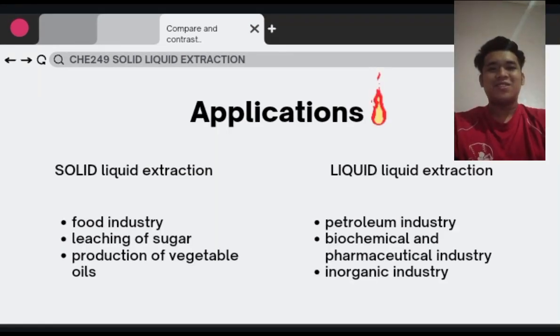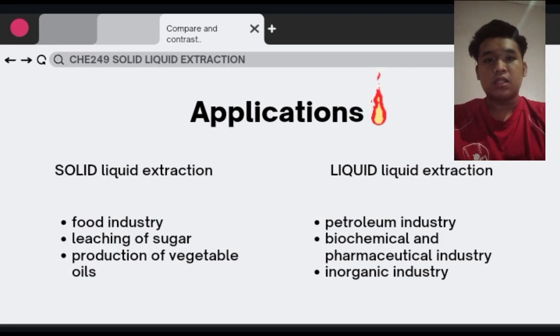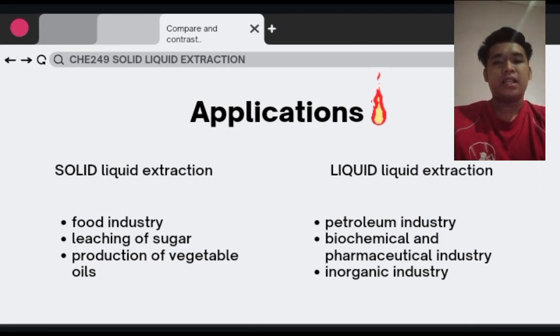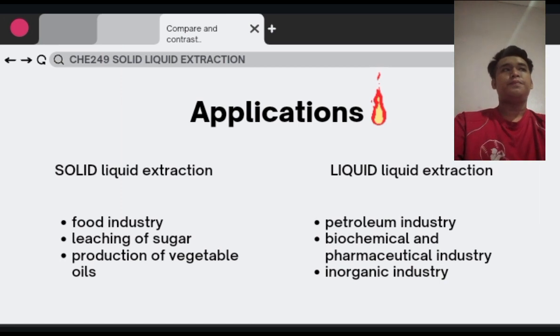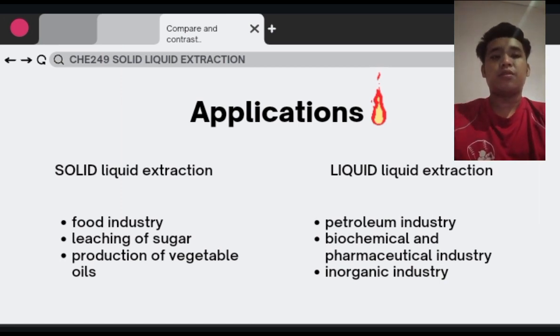The next slide will be the application for the two, SLE and LLE. For solid liquid extraction, the applications are the food industry, leaching of sugar, and production of vegetable oil.